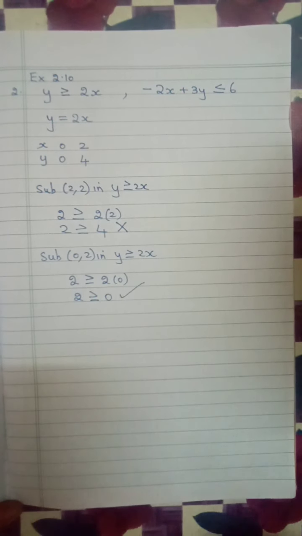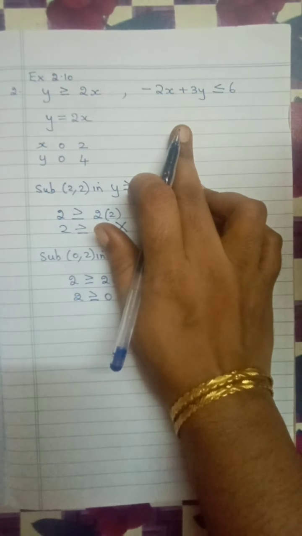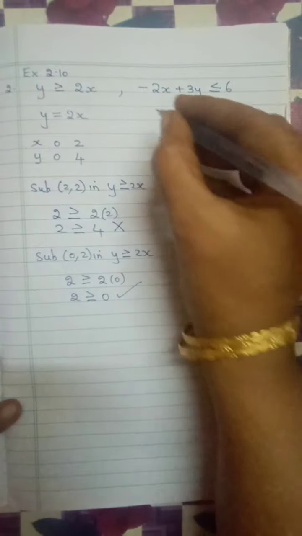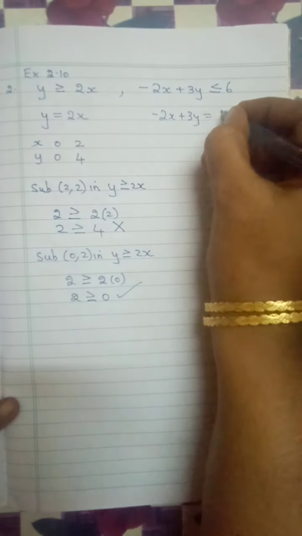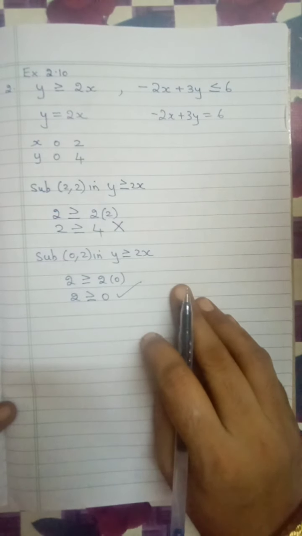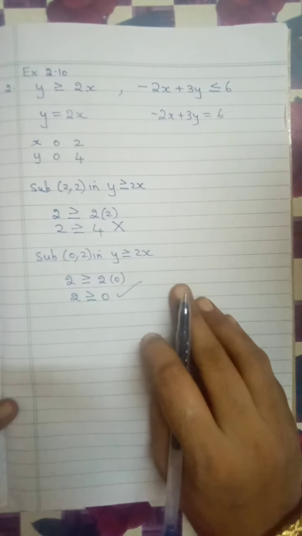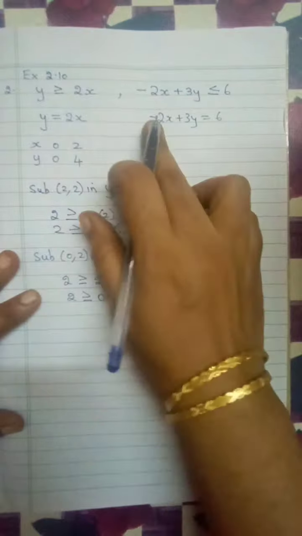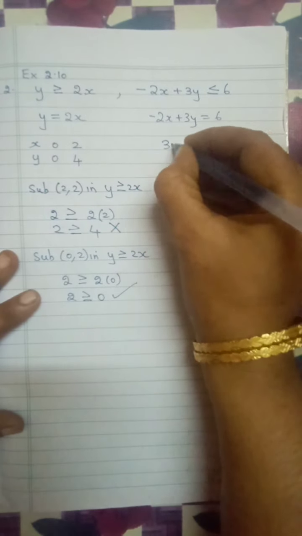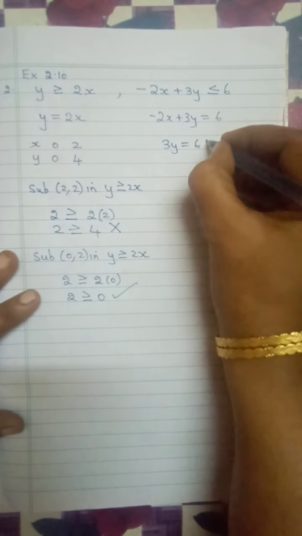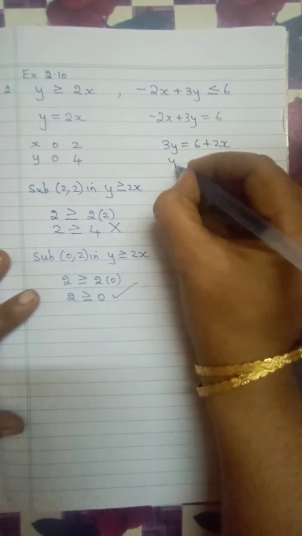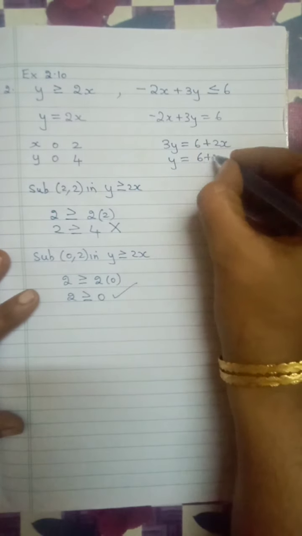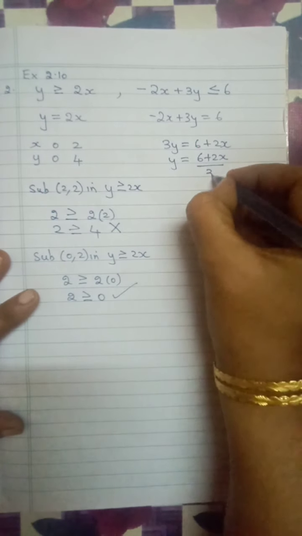Now we have to form a tabular column for the second inequation. For that purpose let me write the equal to sign. If I put the equal to sign only, I can form the tabular column. So let me take this minus 2x to the other side. So 3y equal to 6 plus 2x, or I can write y is equal to (6 plus 2x) by 3.